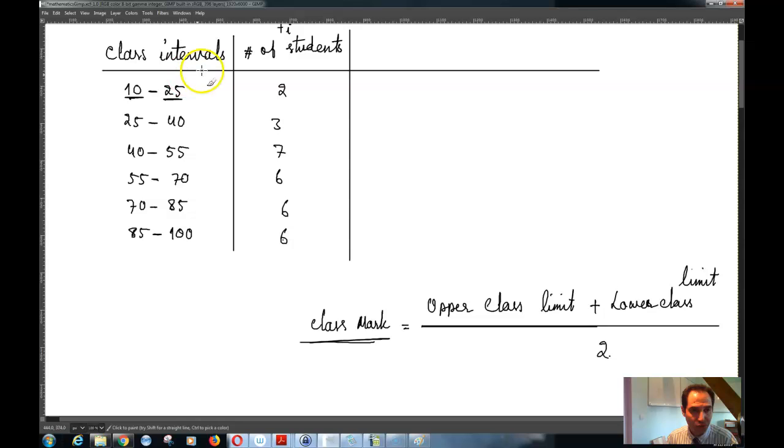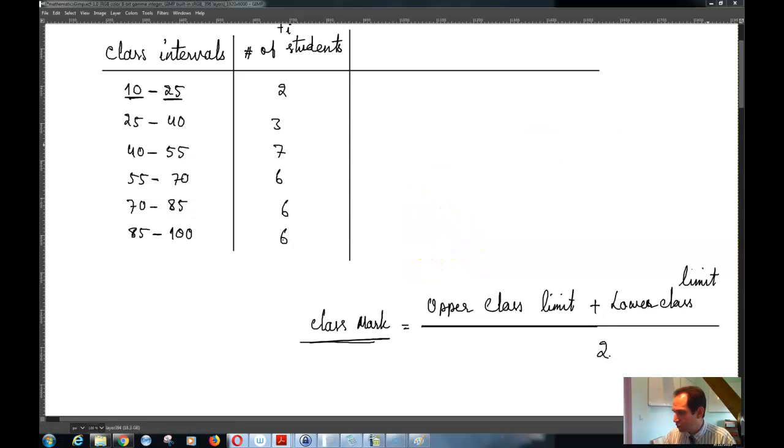It makes sense, because the class mark is nothing but the midpoint of these two numbers. So you simply find the average of the two numbers, which is the upper class limit plus the lower class limit divided by 2, and that is your class mark.